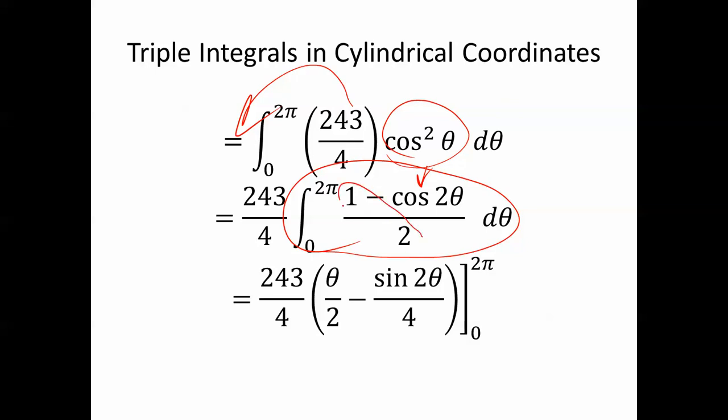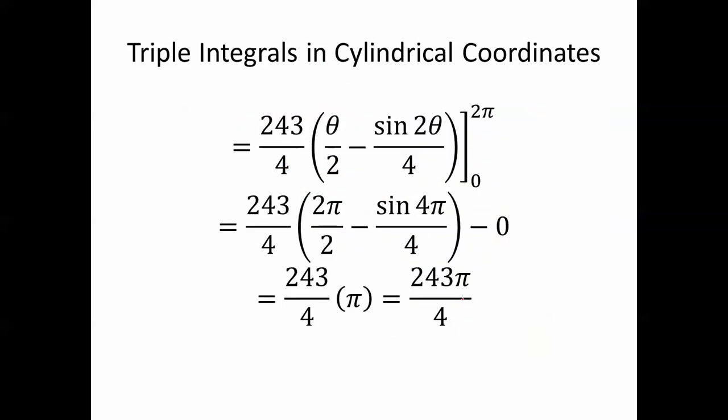The antiderivative of one half is half theta, in other words, theta over 2. The antiderivative of cosine 2 theta over 2 is sine 2 theta over 4. So we plug in 2 pi and subtract what we get when we plug in 0.